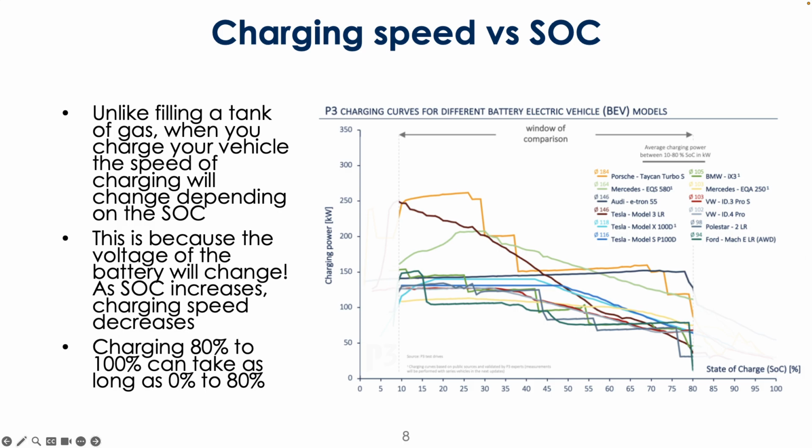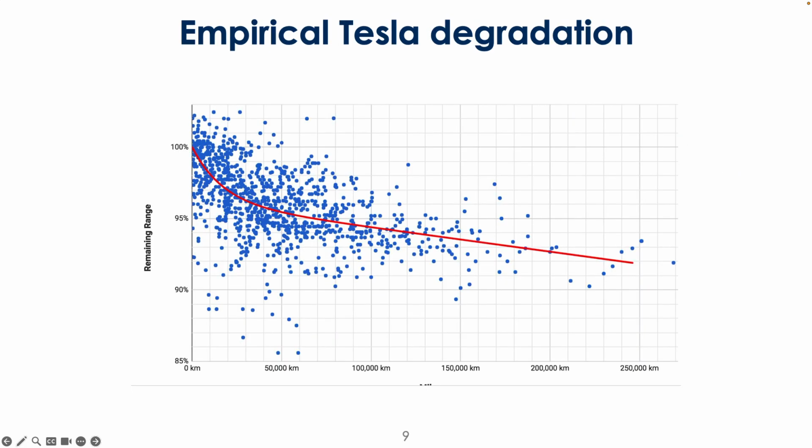Okay, so all of that having been said, what does this look like in the real world? We've actually taken a look at real world data of degradation. Some of those lab examples you were seeing, the battery is degrading 10, 20, 30, 40% over time.